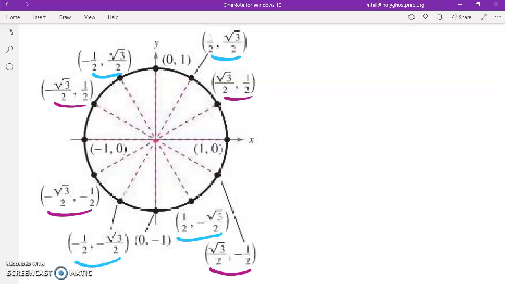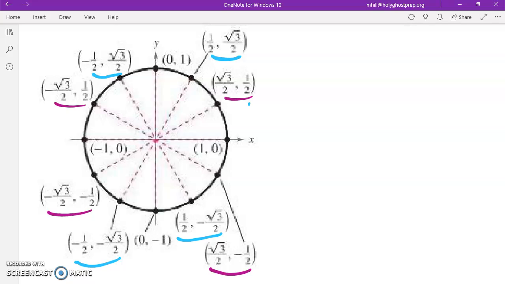The way that I remember this is if you look at these two side lengths here, this one's shorter. That's your y value, so that's why 1/2 is in the y. Whereas this little piece is your x value, so that's why the x value is 1/2 for the pi over 3 family.